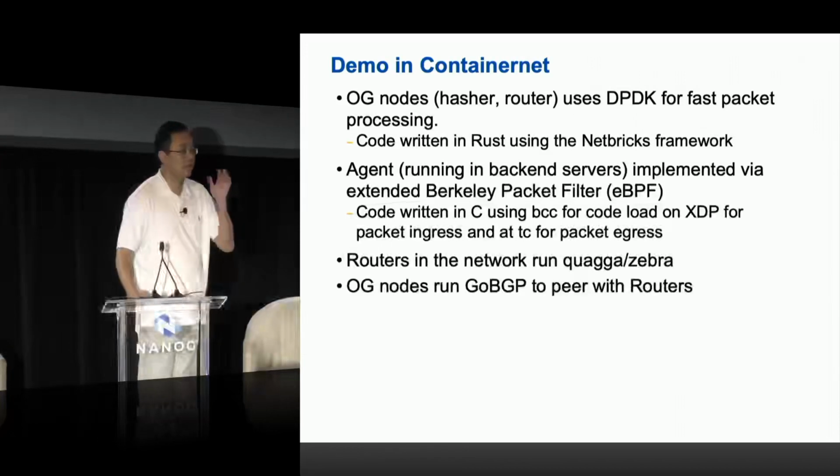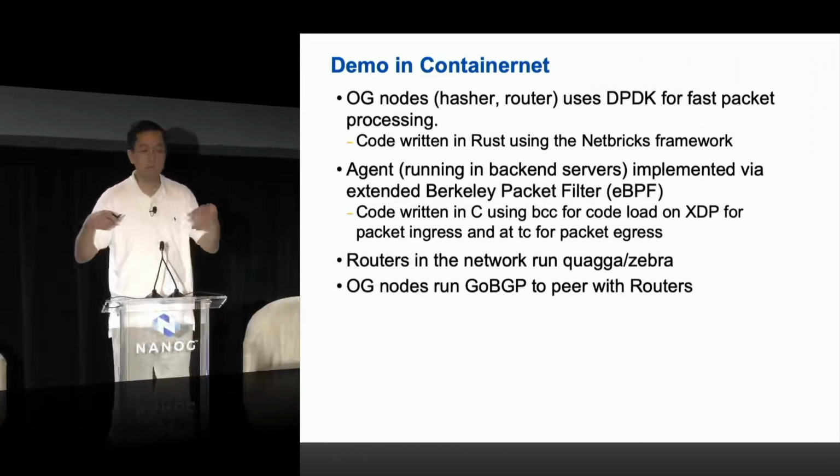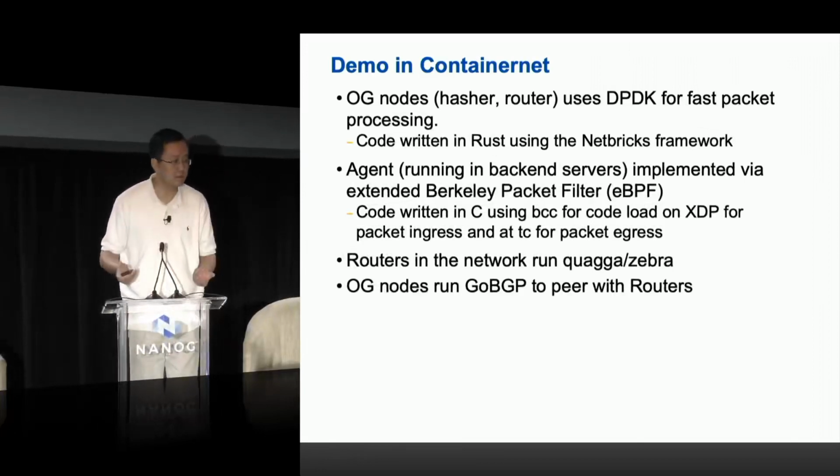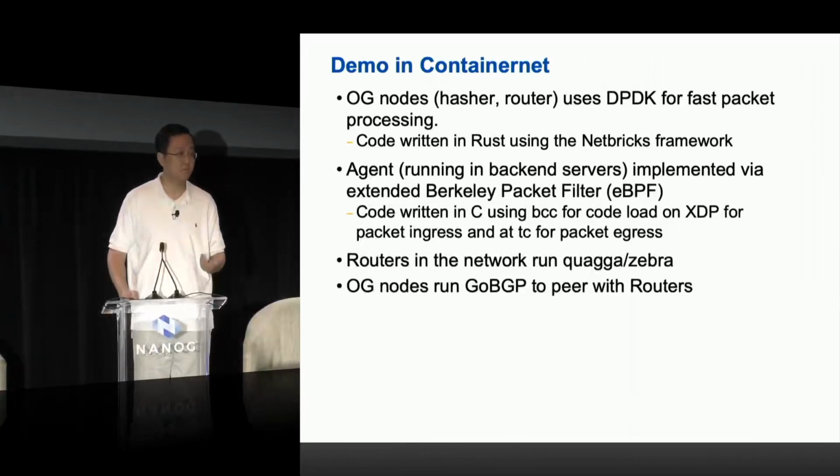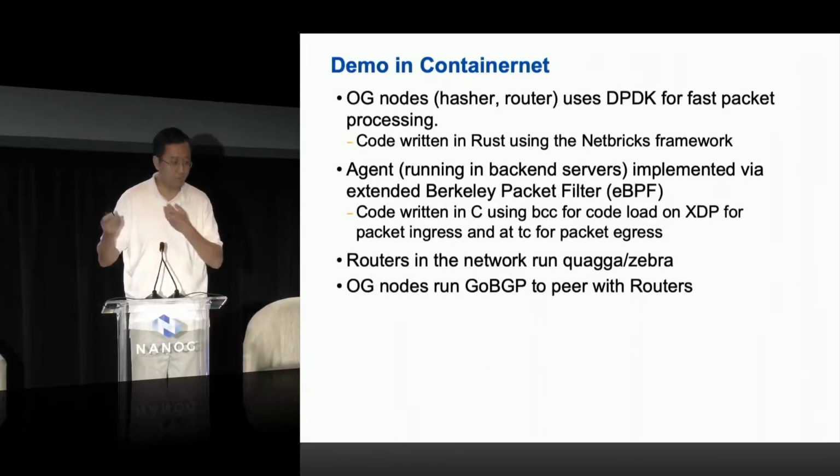So with ContainerNet, right, we actually make containers and we emulate them. In ContainerNet we use something called Docker Compose that can bring up multiple different Docker containers and run them on top of a Docker container.